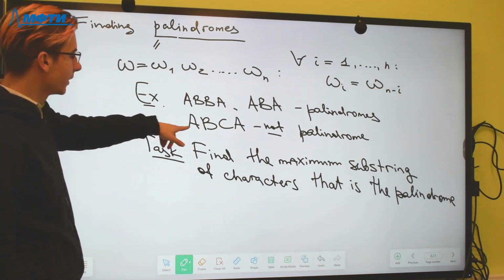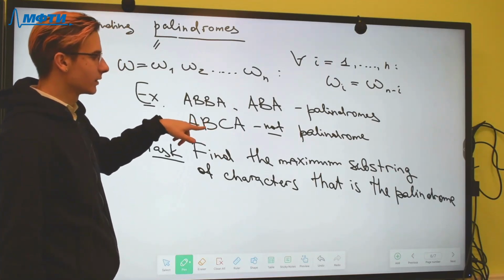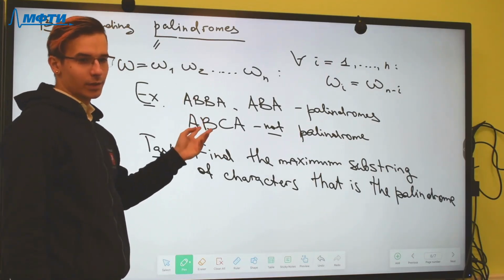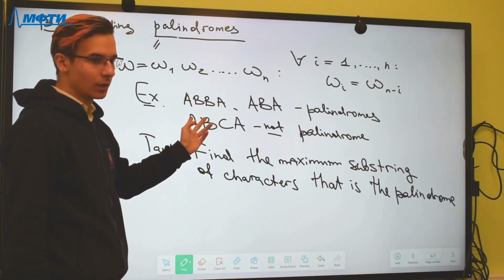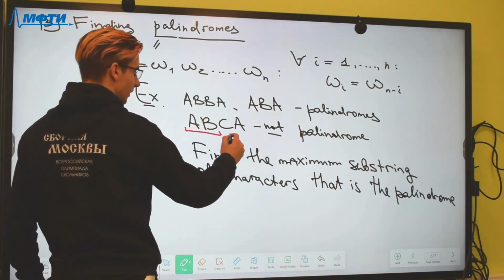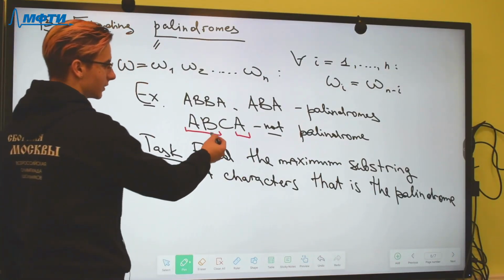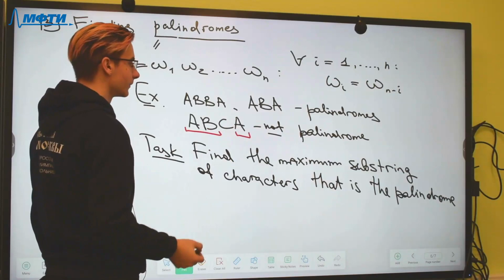For example, here the maximum substring that is a palindrome is only one character, B, for example. And we mean that it is a subsequence but not a substring because it's not continuous.